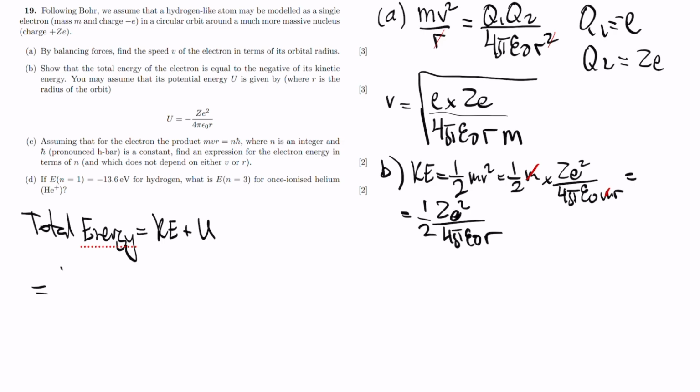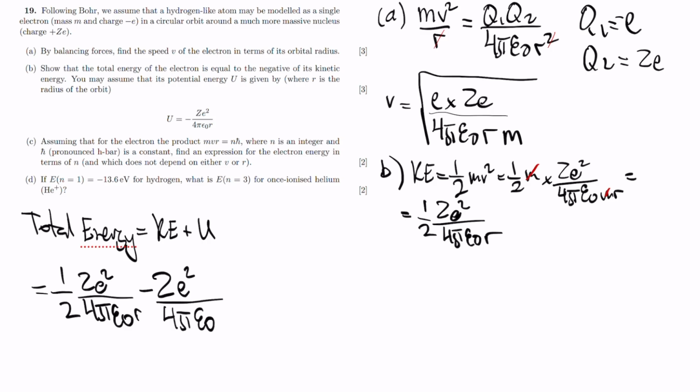Okay, so the total energy is just going to be the kinetic energy plus the potential energy, so it will be whatever we just found, a half Ze squared, divided by 4 pi epsilon naught r, and then the potential energy is negative, so I'm going to take away Ze squared over 4 pi epsilon naught r. Okay, so this looks pretty good so far.